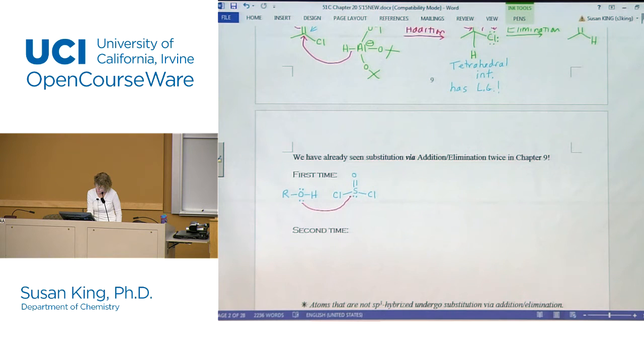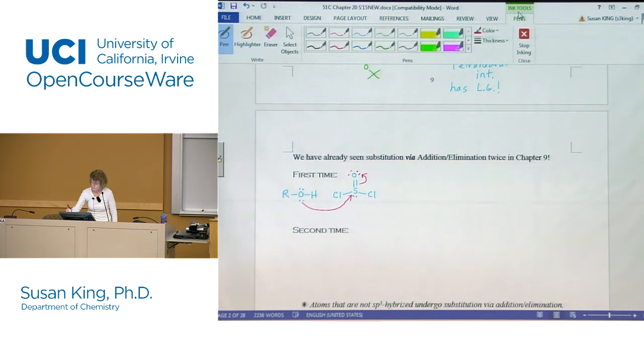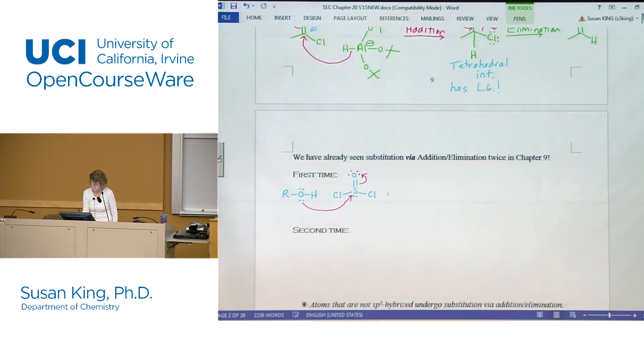Alcohol, thionyl chloride: the alcohol attacks thionyl chloride. We attack the sulfur. We kick electrons up onto oxygen. That's addition.